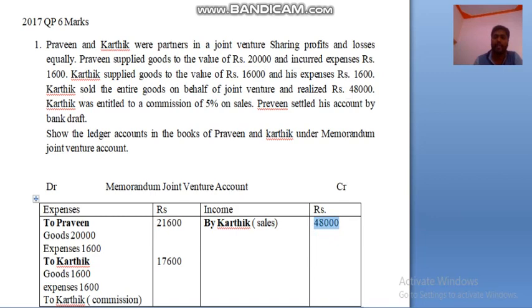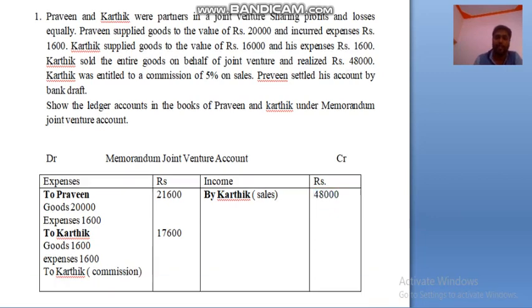Calculate 48,000 multiplied by 5%, so you will get rupees 2,400. Who received the commission? Mr. Karthik. Now all the transactions are over.